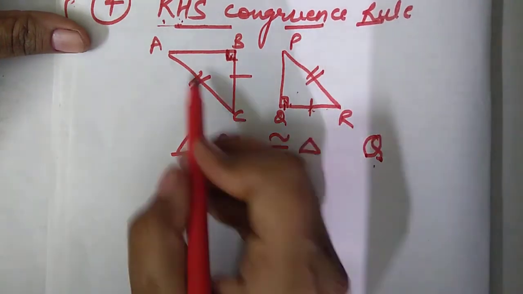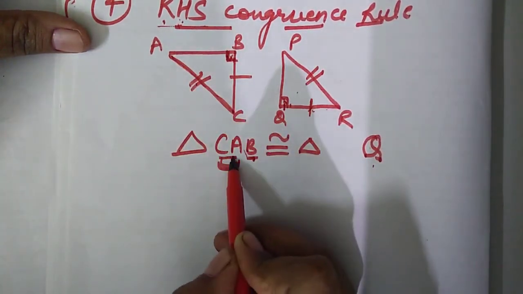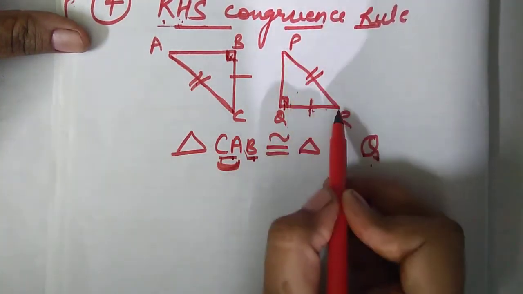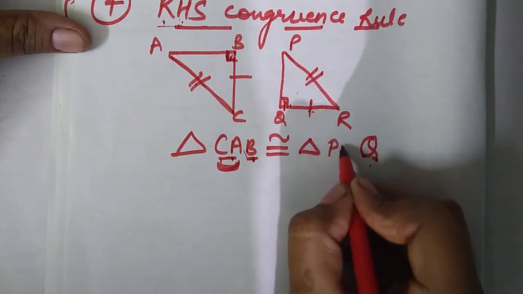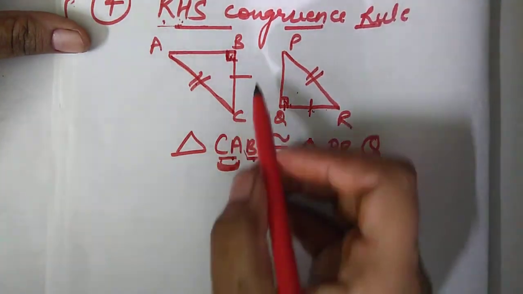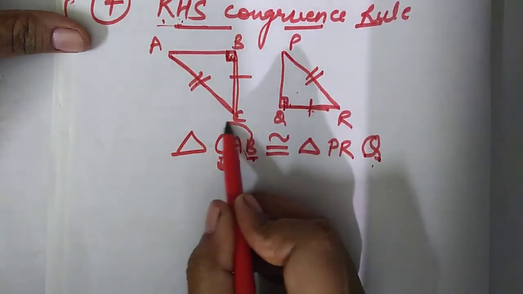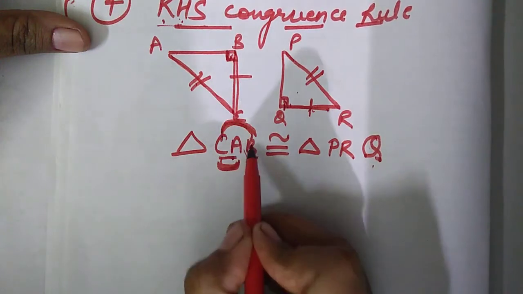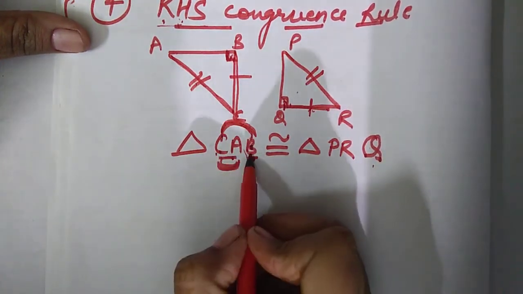Now come to the sides. CA is the hypotenuse and that is at first and second position, and here PR is the hypotenuse. So I will write P and R at first and second. Now let us check the third one. BC is equal to QR. BC is last and first, sorry, second and third.